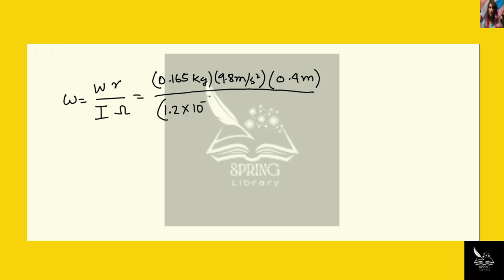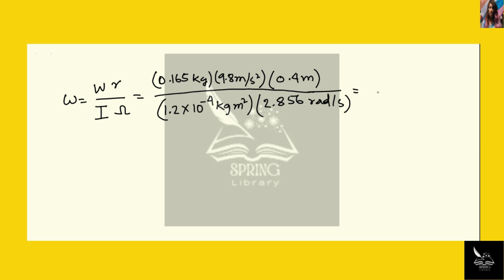So this W is 0.165 kg times 9.8 meter per second squared times R, which is 0.4 meter, divided by I, given as 1.2 times 10 to the power minus 4 kg meter squared, times big omega, which is 2.856 radians per second.